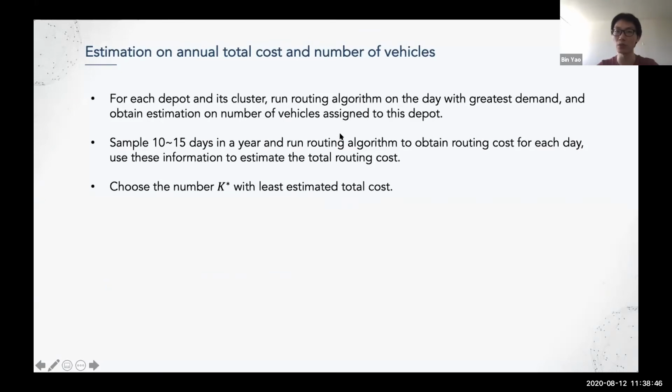We pick the day with greatest demand and run our routing algorithms to obtain the estimation on the number of vehicles. The second part is to sample 10 to 15 days in a year that reflect the seasonality, and we run the routing algorithms to estimate the total annual routing cost. Combining all the information we have, we can decide which number we want to use.